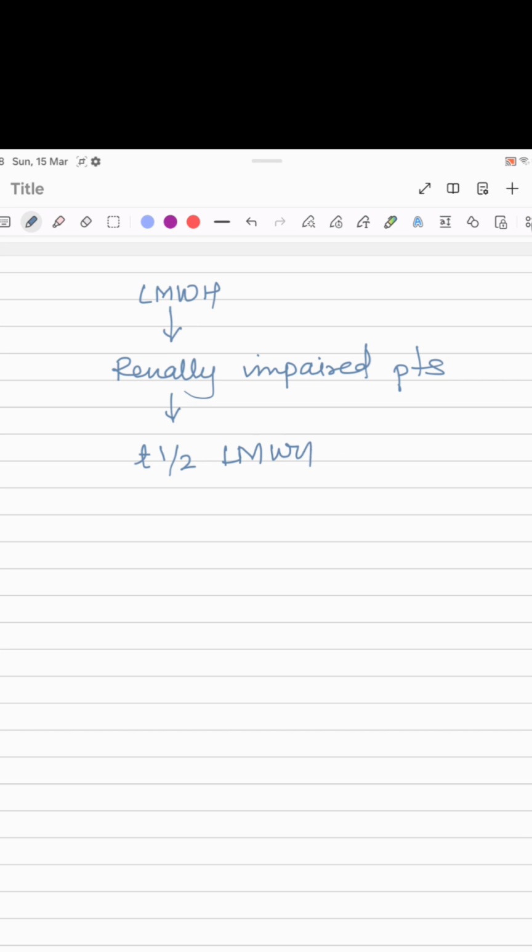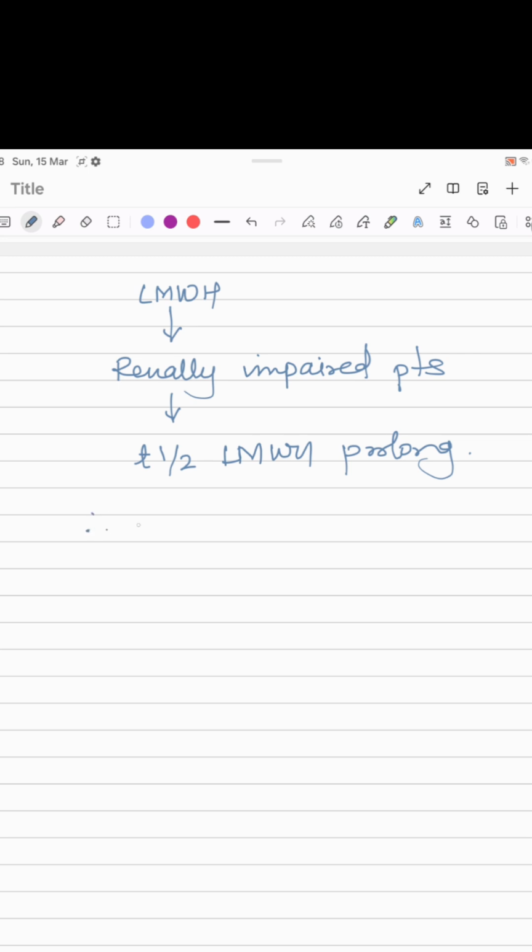Always remember, guys, when you give the low molecular weight heparin to renally impaired patients, the half-life of LMWH will prolong.